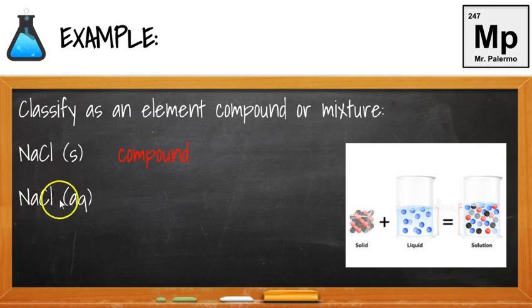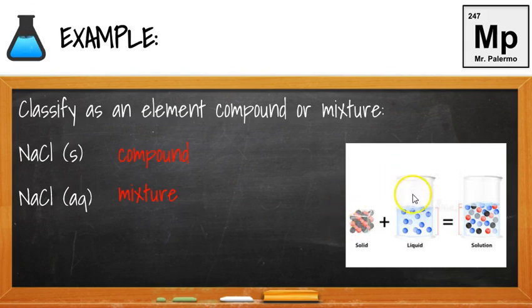Now I have NaCl and I have this aq, aqueous. Again, recall that aqueous stands for dissolved in water. So we now have a solution, and all solutions are a mixture, and specifically a homogeneous mixture. And so looking here, you can kind of see that. So here is my solid NaCl. It's a compound.